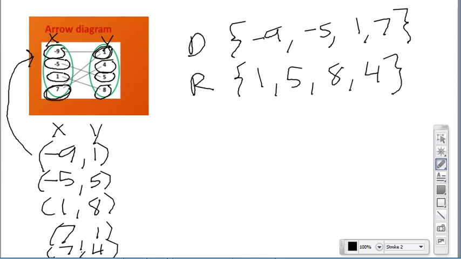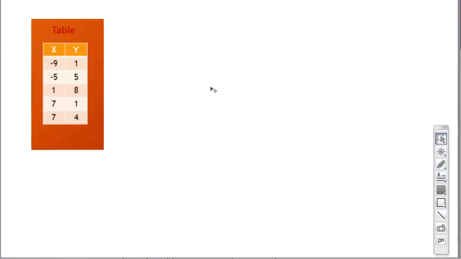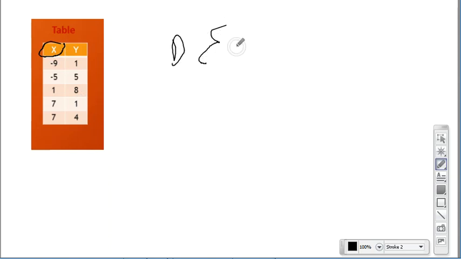Okay, let's go ahead and look at another one. Okay, here we have a relation represented by a table. If we want to list the domain and range of this relation, we can see that our domain, or our x values, is -9, -5, 1, and 7.